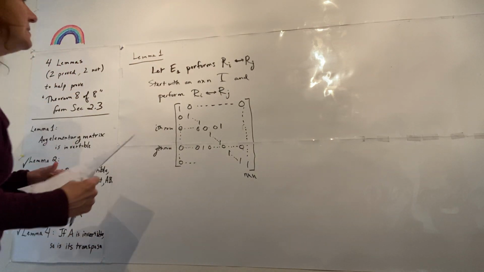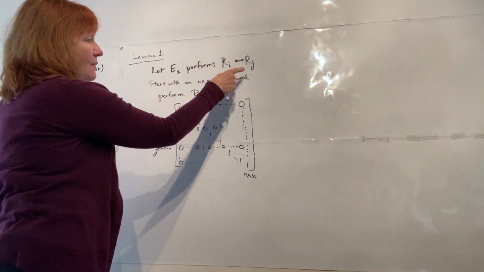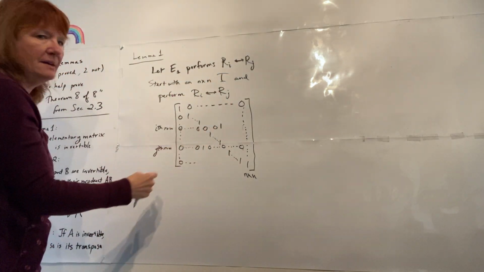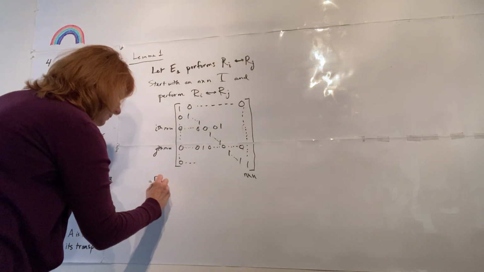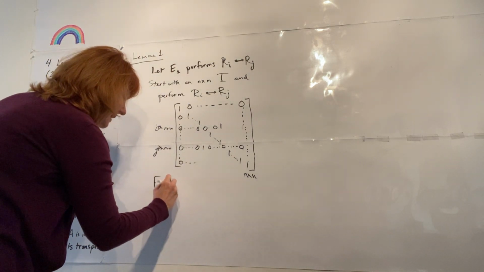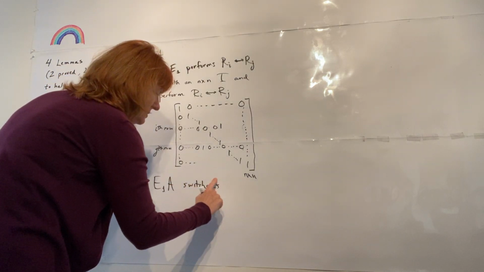Okay, so how does a matrix perform this row operation on a matrix A? So E1 multiplied by A switches rows i and j.